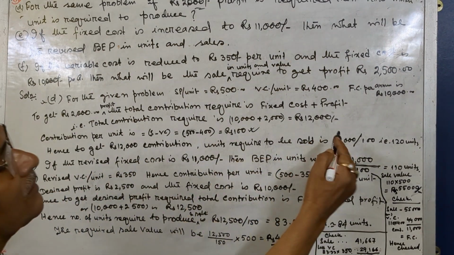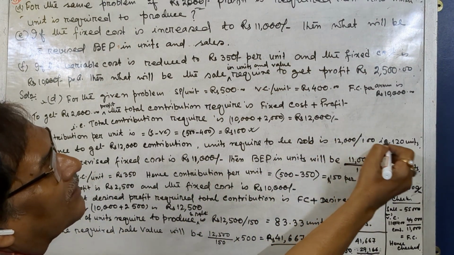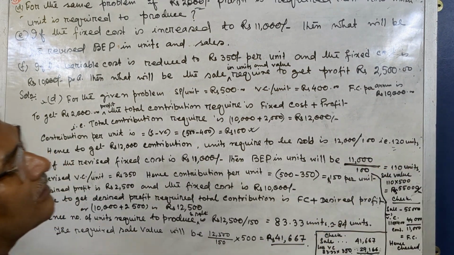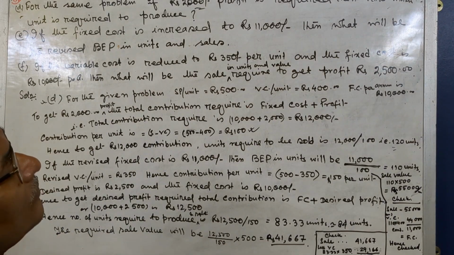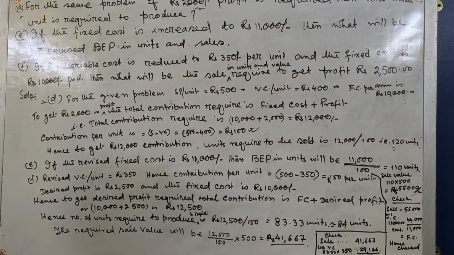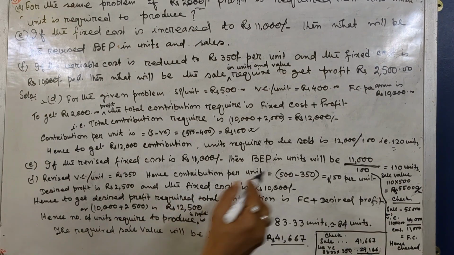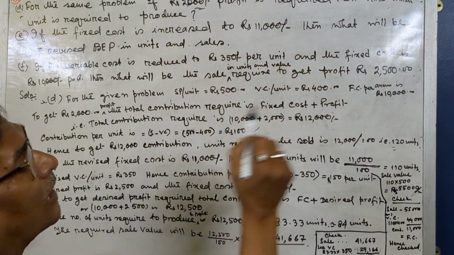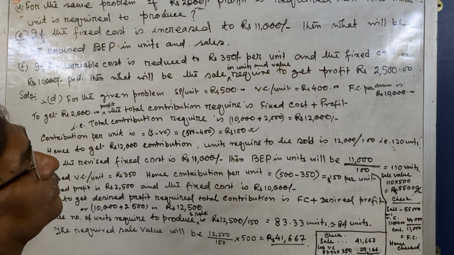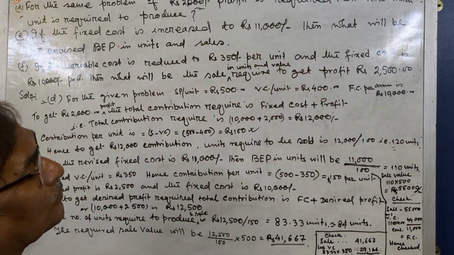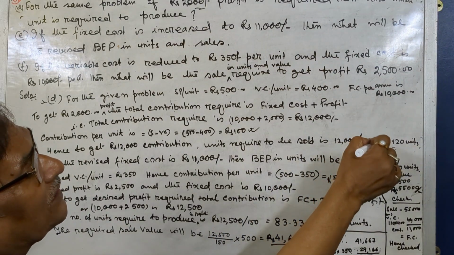Simply divide 12,000 by 100, that is 120 units. That means if you produce and sell 120 units in the market, then you will get 2,000 rupees of profit.